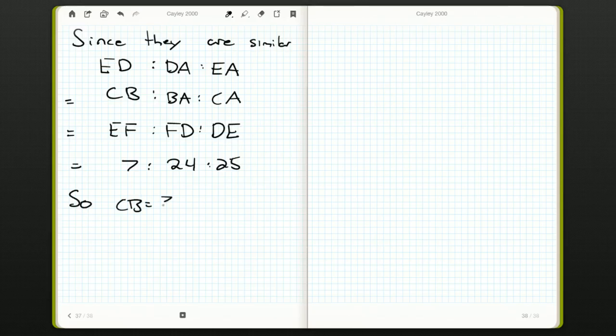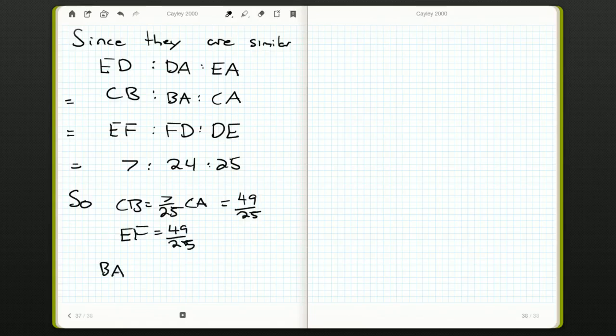So CB is 7 over 25, this ratio, times CA. And CA is 7, so we've got 49 over 25. In the exact same way, EF is also 49 over 25.